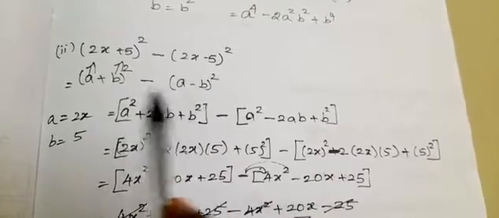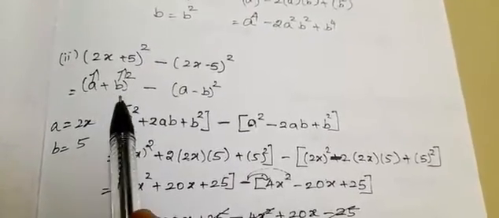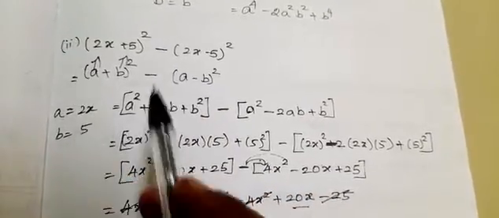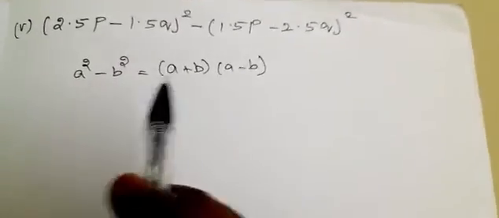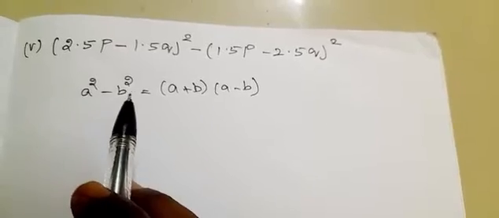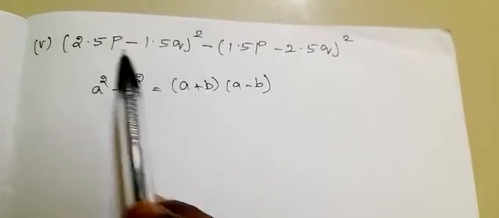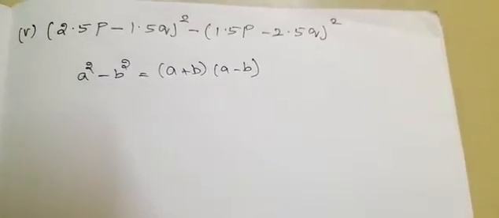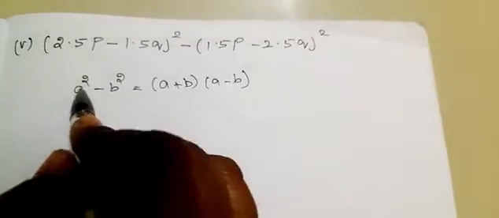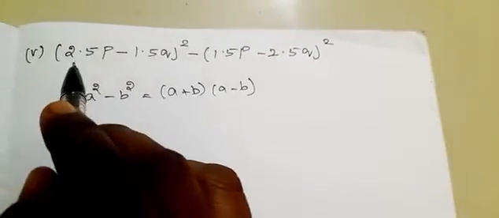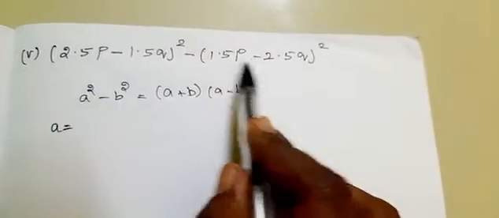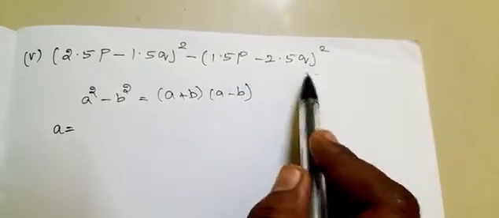We used two identities there, but we can use the a square minus b square identity also to simplify the second question. So for this question I am going to use the a square minus b square identity, or else you can use the (a plus b) whole square and (a minus b) whole square identities. Here the value of a is 2.5p minus 1.5q, and the value of b is 1.5p minus 2.5q.